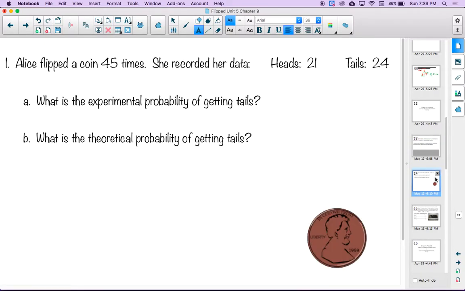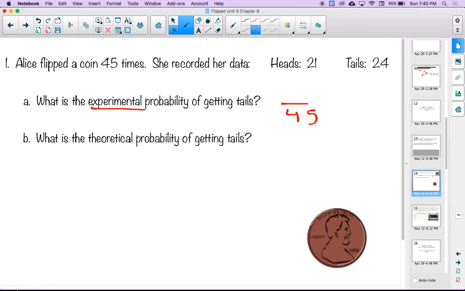So here's an example for us to look at. This is from your notes. Alice flipped a coin 45 times. She recorded her data. So it looks like she recorded 21 heads, 24 tails. If we add them up, we get 45. What is the experimental probability of getting tails? Well, we know that she flipped the coin 45 total times, so that's our denominator, 45.